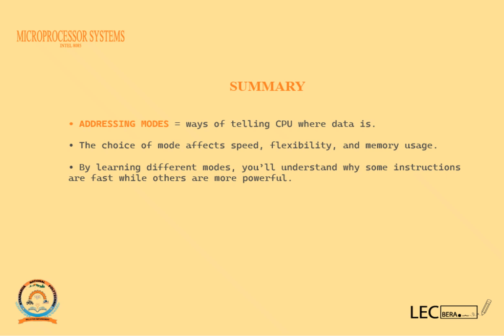Today we've covered the addressing modes of those instructions, and the addressing mode is the way of telling the CPU where data is. That data can be inside a register, inside the memory, or inside your mind. It's good to tell the CPU where you are fetching the operand from.